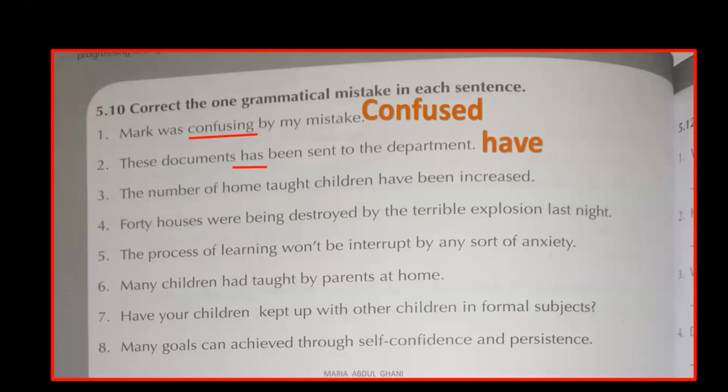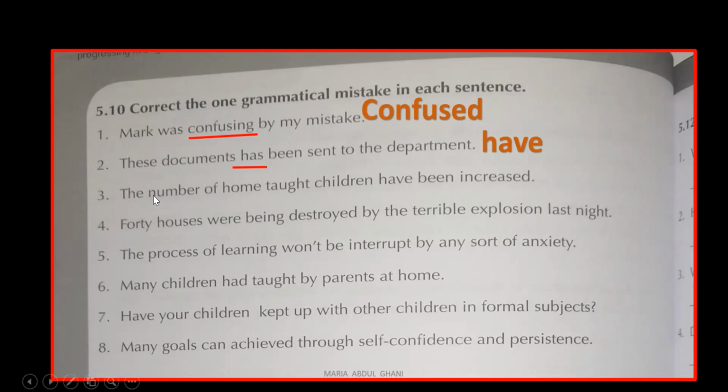Now, number 3, the number of home-taught children have been increased. Where is the mistake in this one? Here we have 2 mistakes. First of all, here the number is the doer of the action. The number increases, so it's the doer. They are dealing with it as if it is the receiver. They are saying that it's a passive voice. It's not. It should not be a passive voice. This is one.